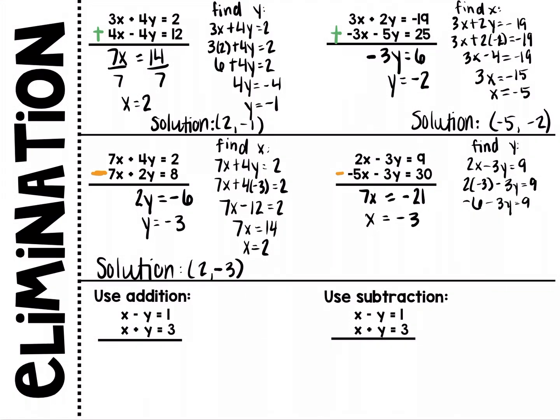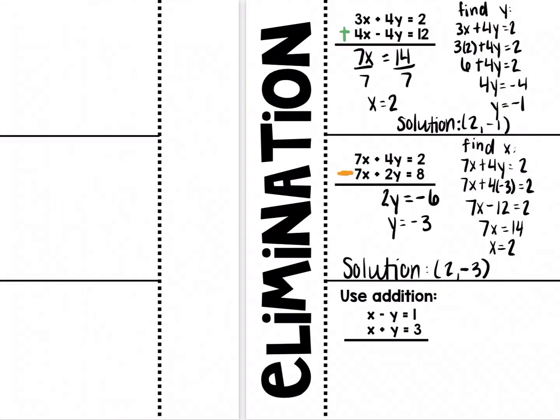So we're going to add 6 on both sides. So that's negative 3y equals 15. So y equals negative 5. So my solution is negative 3, negative 5. So this system is consistent and independent because it has a solution and it's one solution.